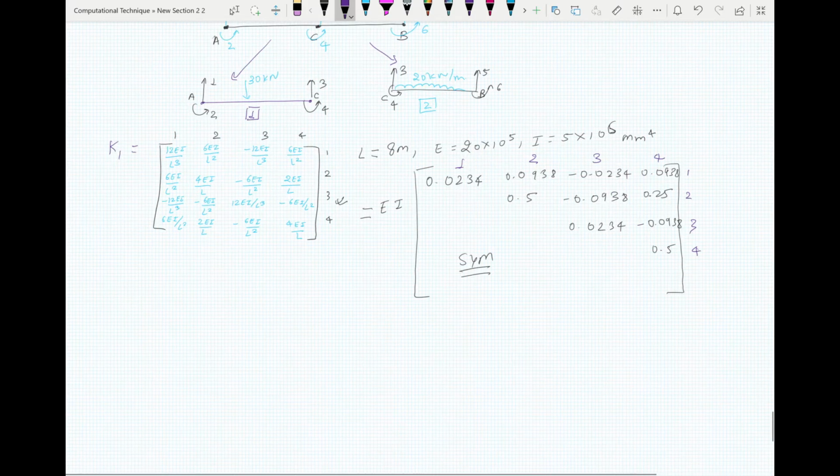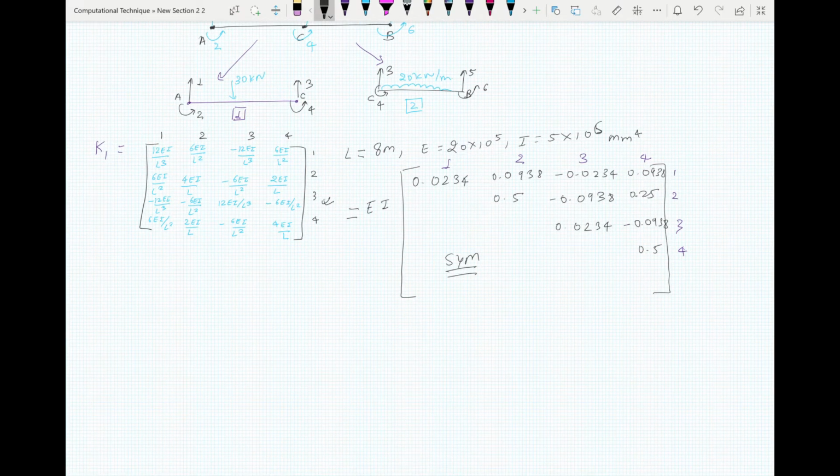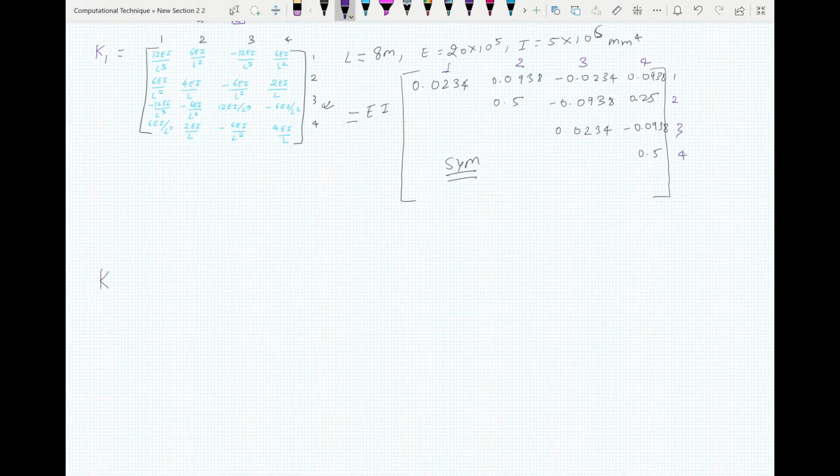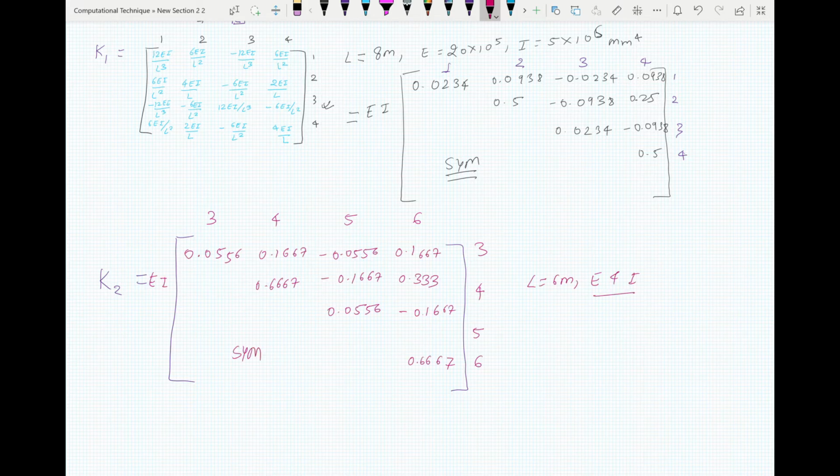Now let's look at your element number 2. For this one, your K2 will be, here you'll have 3, 4, 5, 6. Here also 3, 4, 5, 6. This will be a symmetric matrix as well. So this is your K1, this is your K2.